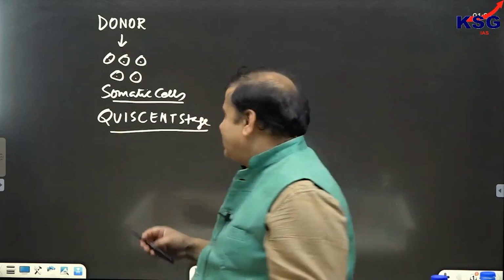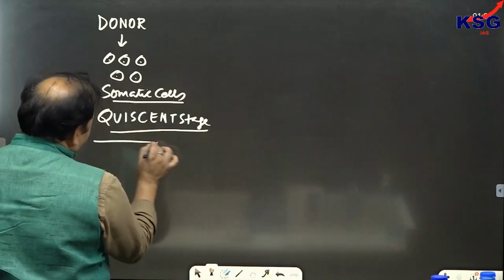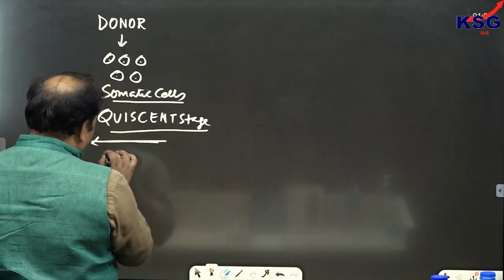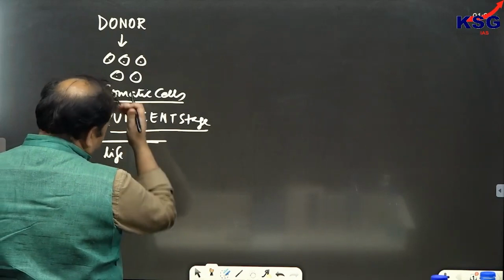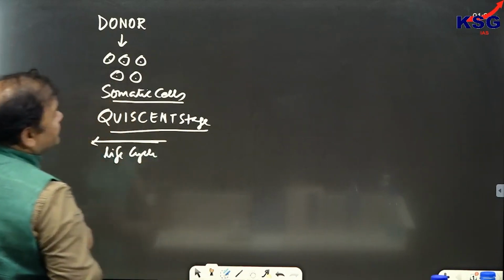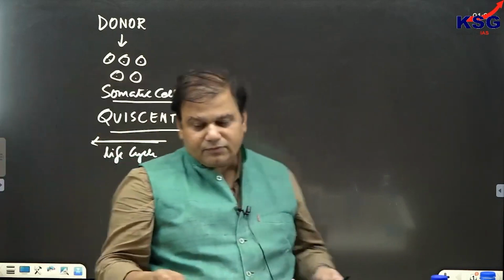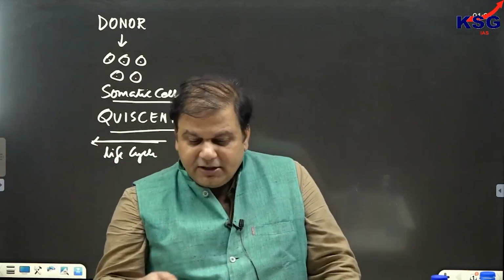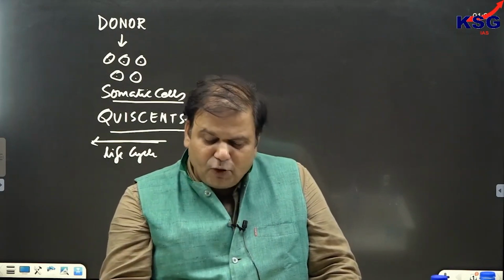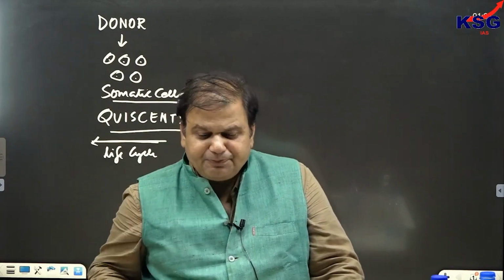So they are reverting back in their life cycle. Each and every cell has a life cycle of its own. It is born, it matures, and it dies also.